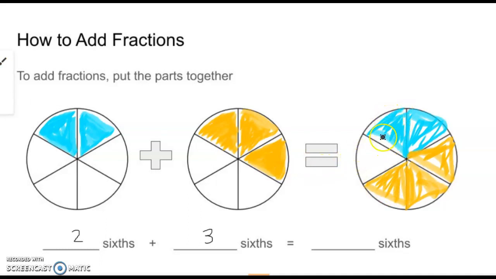So it looks like we would have 1, 2, 3, 4, 5 sixths in all. And we could also write this as 2 sixths plus 3 sixths equals 5 sixths.